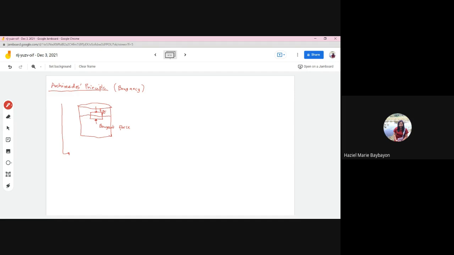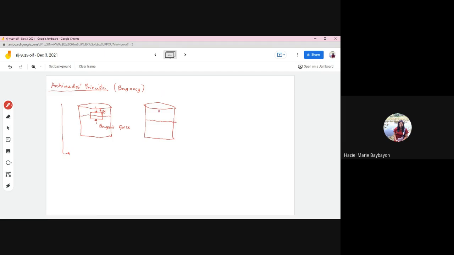So what does that mean? Okay. So take note, if this is a beaker, like in the calibration class, say for example, this is the water level initially.